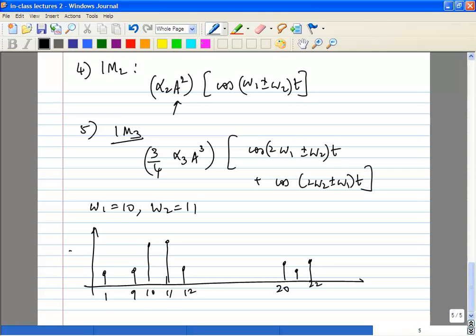Then you get the 3 omega 1 term, which is 30, 2 omega 1 plus omega 2, which is 31, 2 omega 2 plus omega 1, which is 32, and 33, which is 3 omega 2. So it looks something like this. You'll get a bunch of products, and it won't look clean anymore.